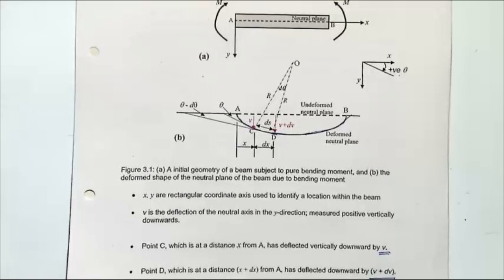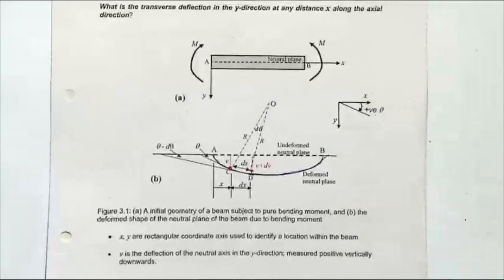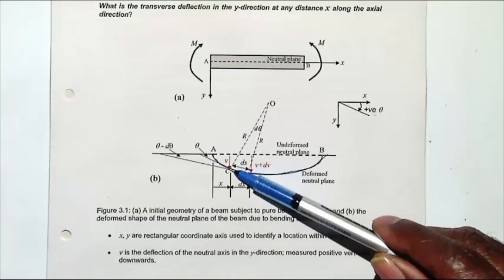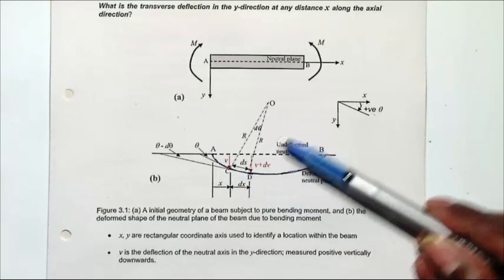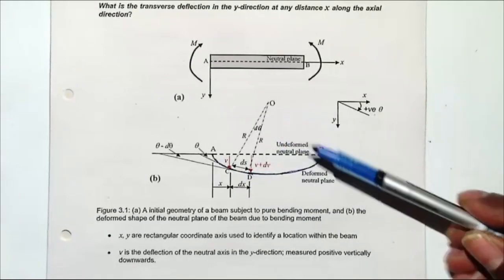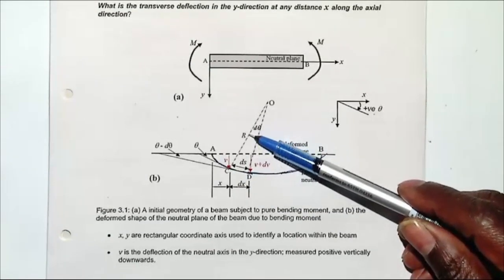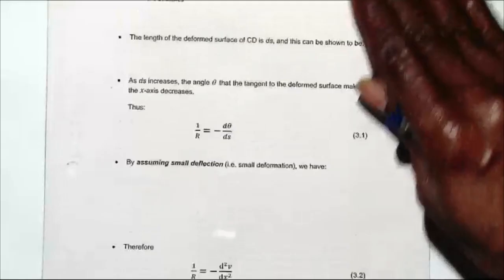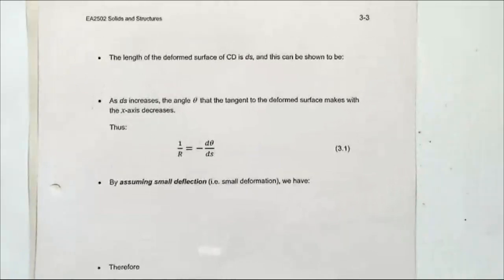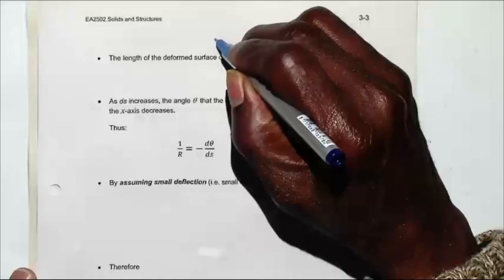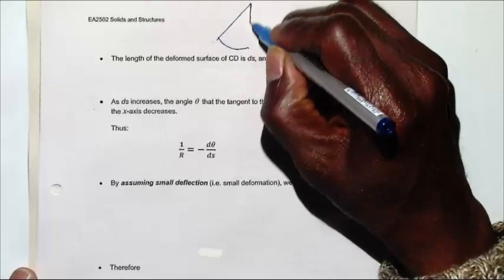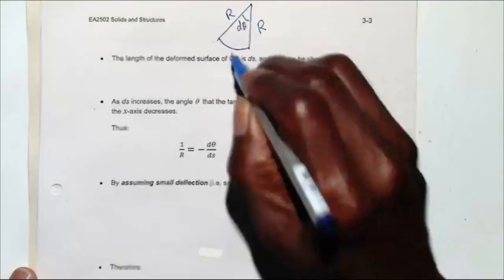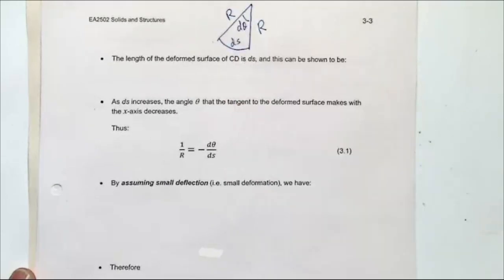Right. So if we look at the form shape, what we have is point C with a small arc of length ds with an included angle of d theta. Radius of curvature is r. So if I redraw that at the top, where that is r, that is r, that is d theta, and that is ds.